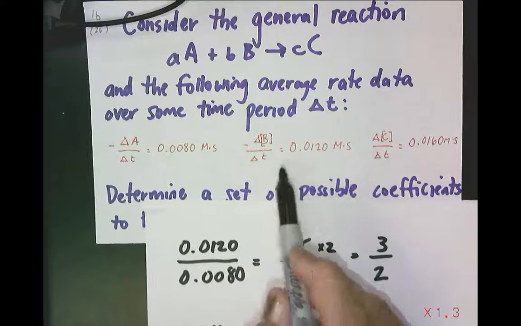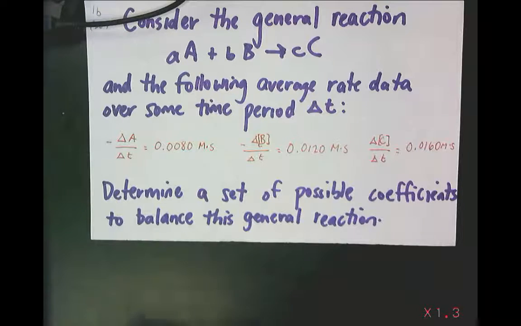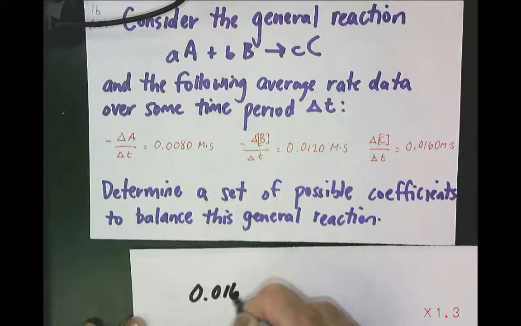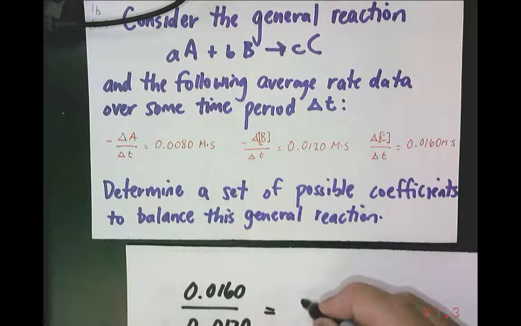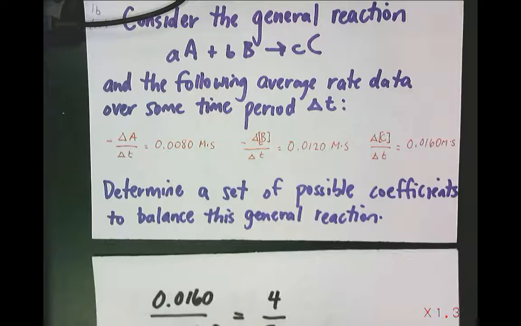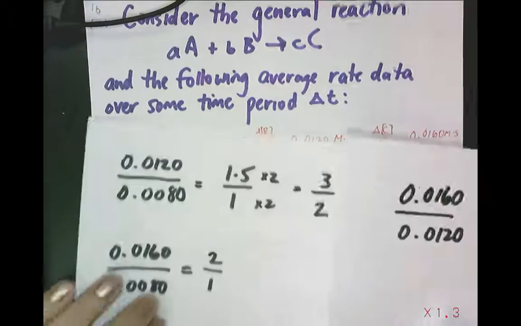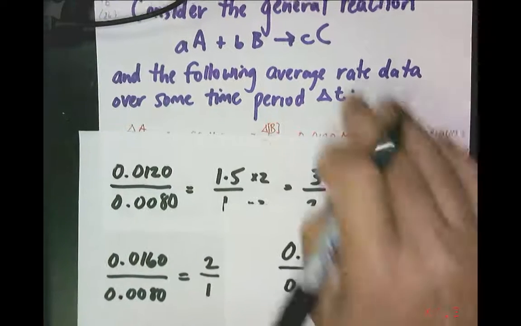How about if we compare B to C? 0.016 to 0.0120. We reduce that, and we get a 4 to 3 relationship. So can we put together some kind of coefficients from this relationship?